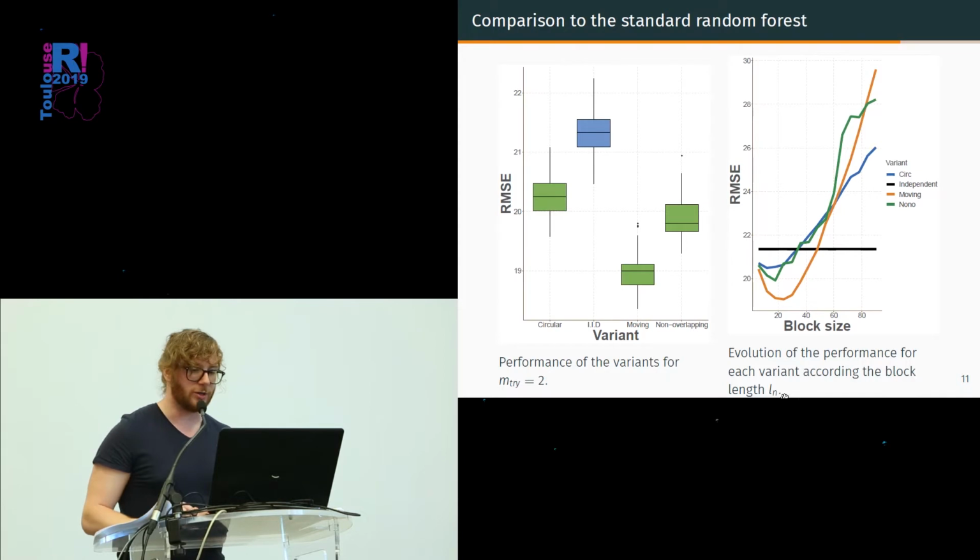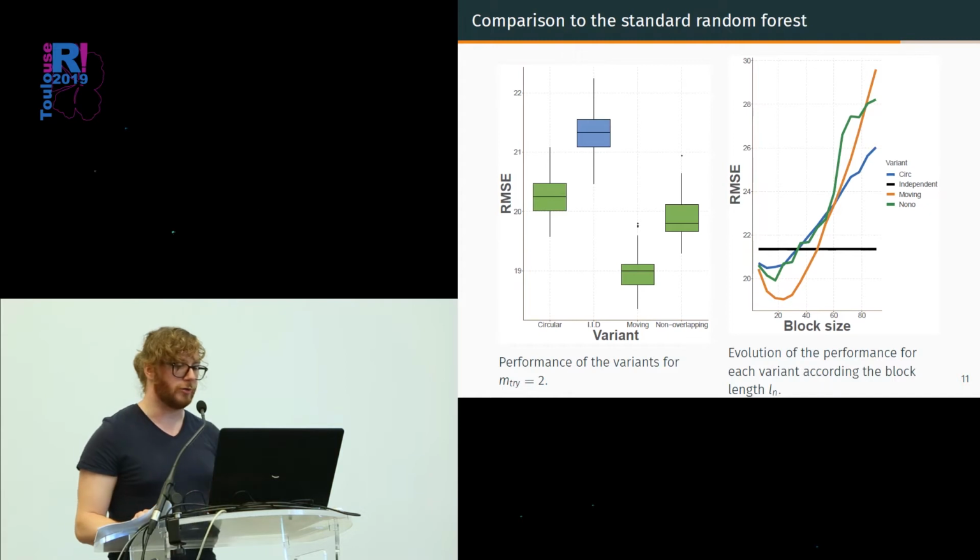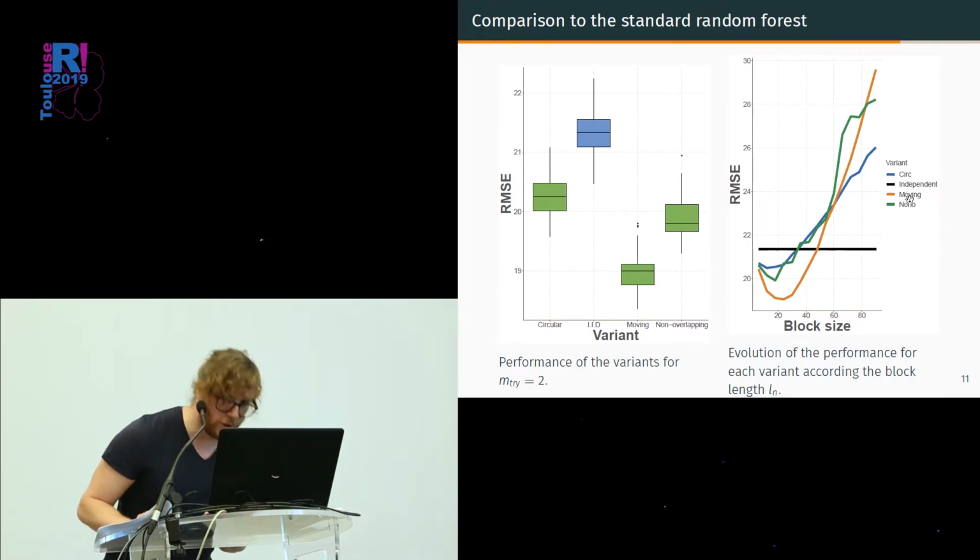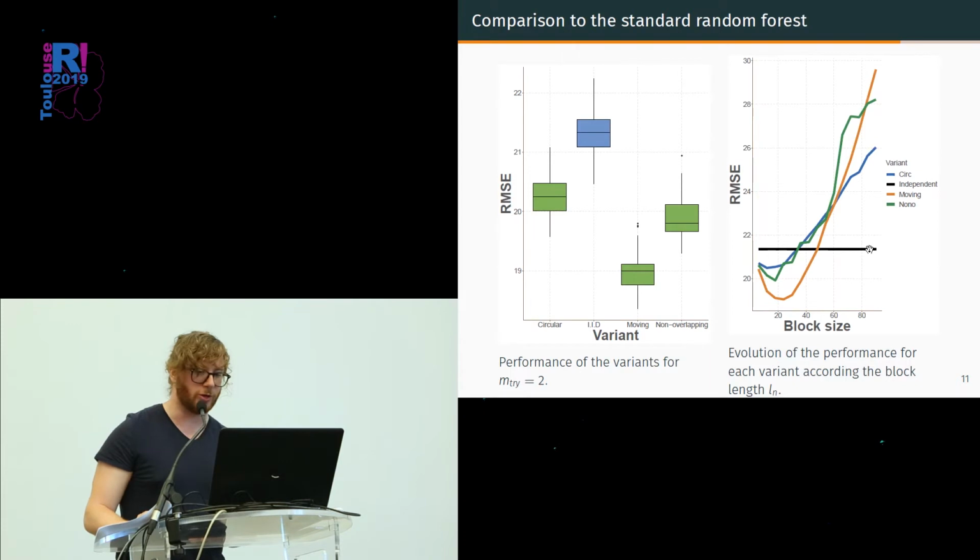On the right side, we didn't fix the block size, we just fixed the M-try parameter, and we looked at the evolution of the error according to the block size. The black line here is the standard random forest, which we try to beat. And in blue, red, and green, you have the other variants.